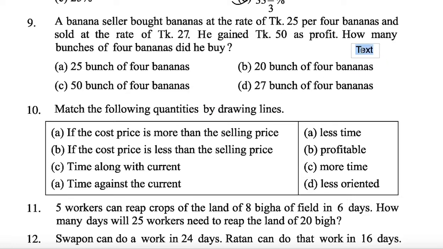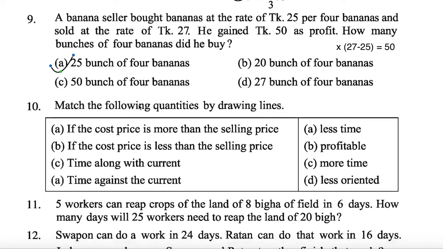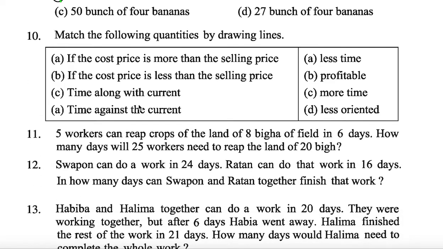So let's say he purchased x number of bunches. x into 27 minus 25 equal to 50. So 25 bunches of 4 bananas. This is the answer.